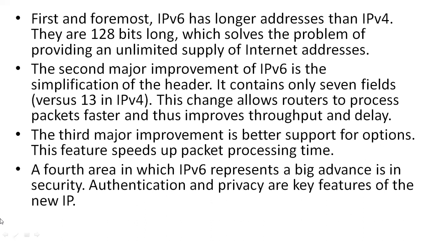So in version 6 the header is going to contain only 7 fields. Of course, in the topic lo manam aa header nu kuda indicate cheddam. So the version 6 header contains only 7 fields, and this change allows the router to process the packets faster and improves the throughput and delay time. It's going to decrease the delay time.